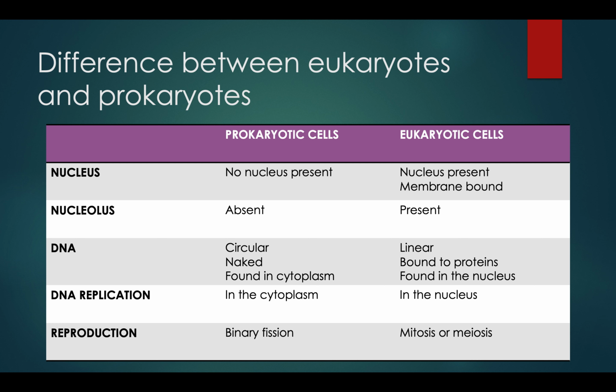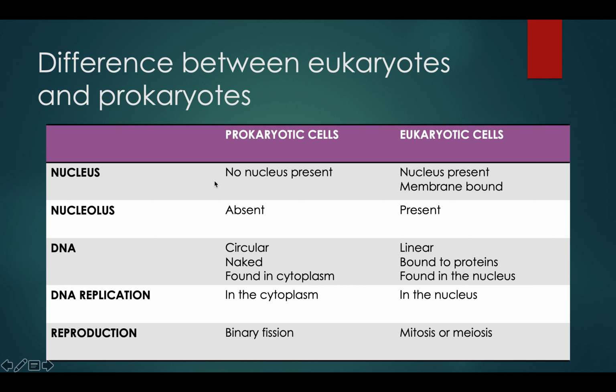They're a bit more complex than the prokaryotic cells. So the basic differences are these, and there might be a few questions asked about this. So it's better if we just go through the differences really quickly.